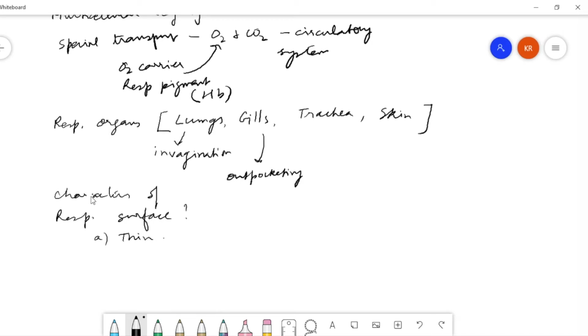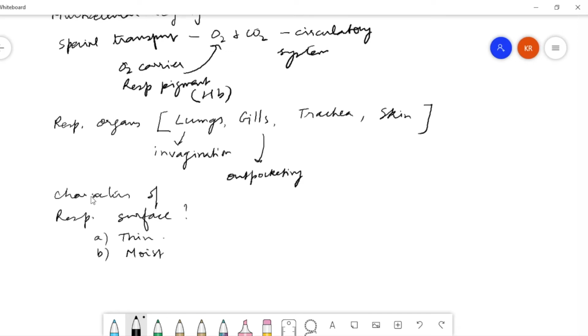Where ventilation takes place, it should be very thin. Whether it is lung or gill, the lung may appear to you as large, but the point of exchange of gas, the alveolus, is very thin. They should be moist. That's why even if it's a terrestrial organism, moisture is very important.